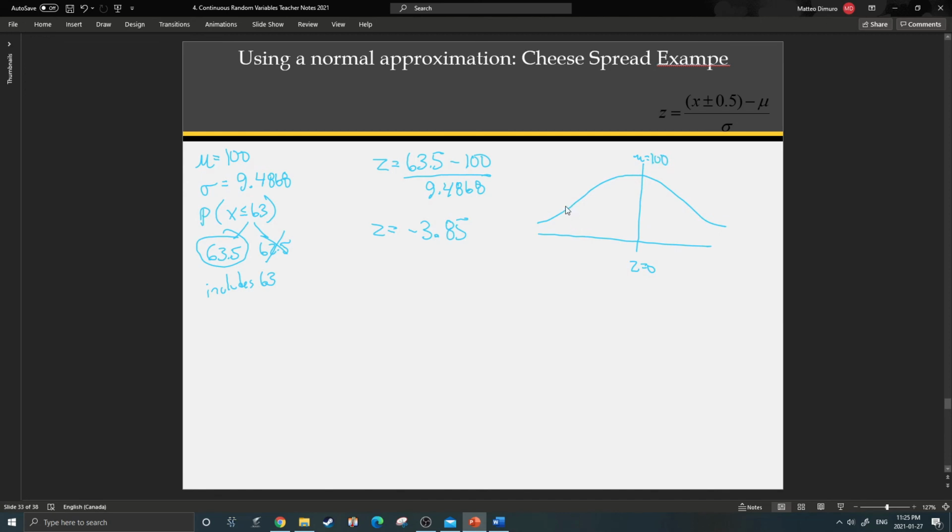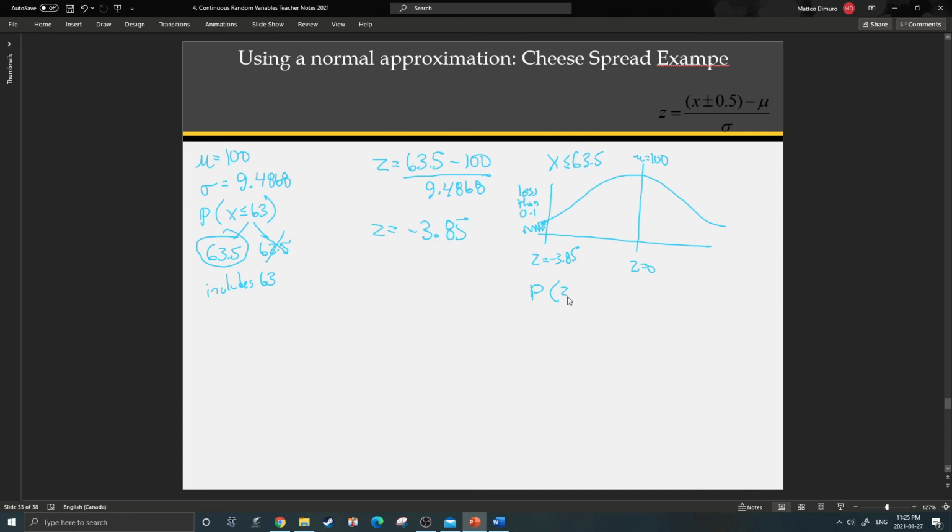Now, we want less than 10%. So we want the true proportion of people to be less than 10%. So whatever z value we got, now we got negative 3.85. When we look up, because it's x less than or equal to 63.5, we want the area under the curve to be less than 0.1.